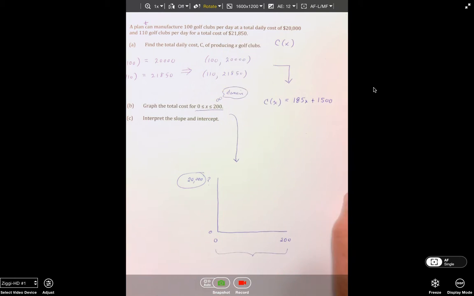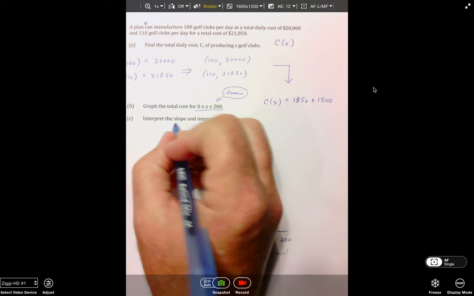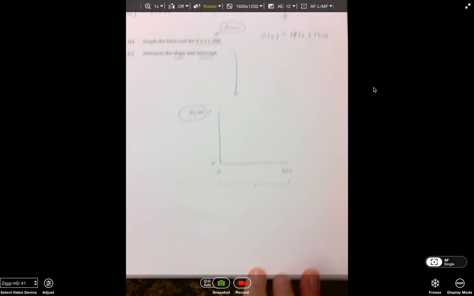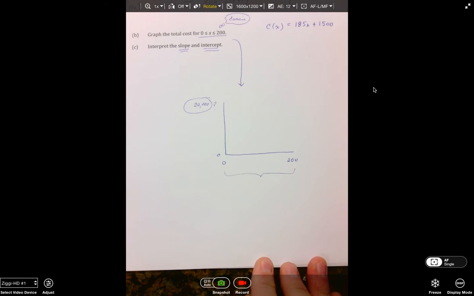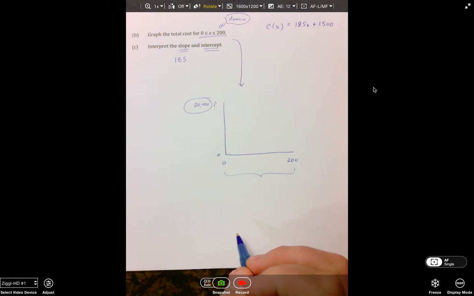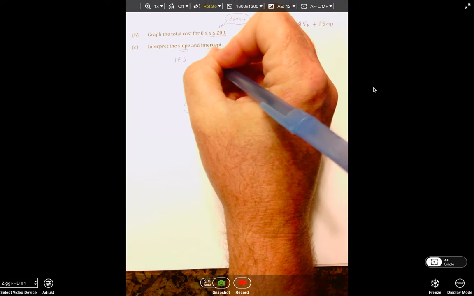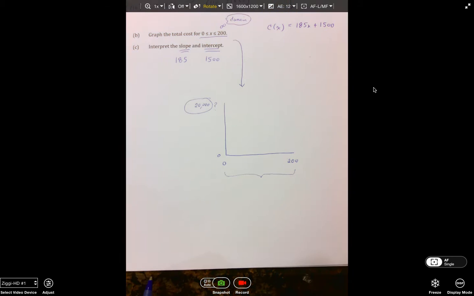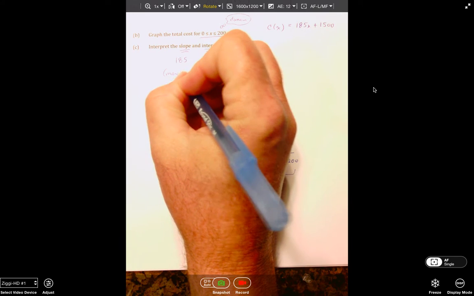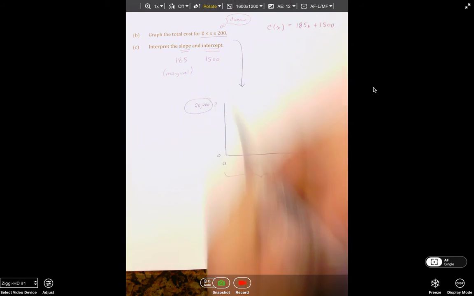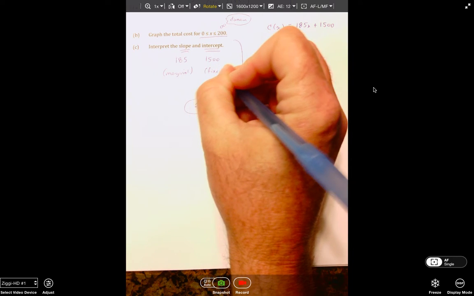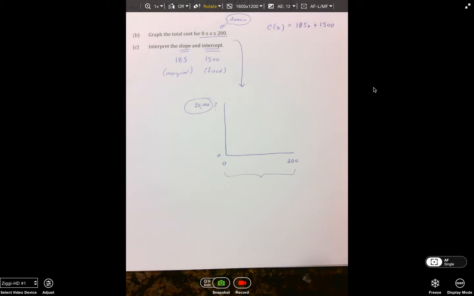Okay? Now the next thing is to interpret the slope and the intercept, and we've talked about this before, but let's just go ahead and talk about this. The slope is 185, and the intercept is 1500. Guys, in fancy smancy terminology, we call this the marginal cost, and we call that the fixed cost.